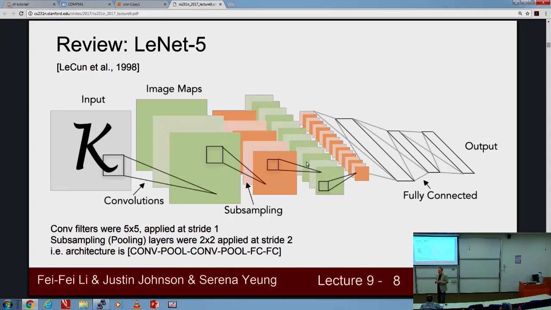The number of channels in the input was 1. The number of channels in the first convolutional layer was 20, I think. So if I did this figure fully, there would be 20 of these plates, right? Every plate here represents one filter going around the whole image and giving us particular outputs. And there's 20 of them.